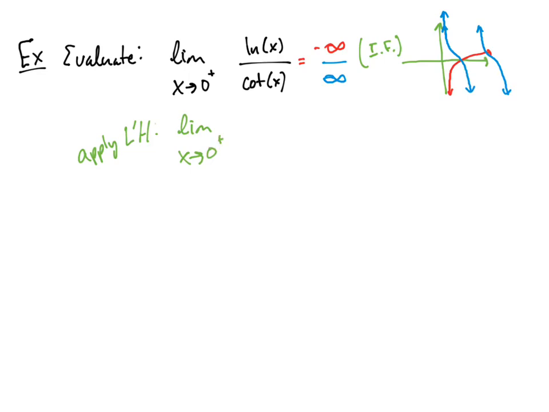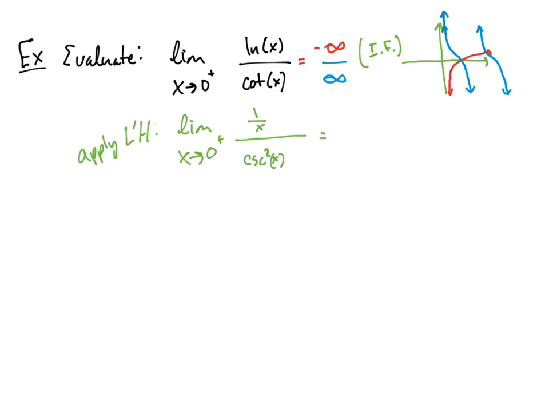So the derivative of ln of x is 1 over the argument, so 1 over x, divided by the derivative of cotangent of x, which is negative cosecant squared of x. Now, before I use direct substitution here, I'm going to simplify this limit.